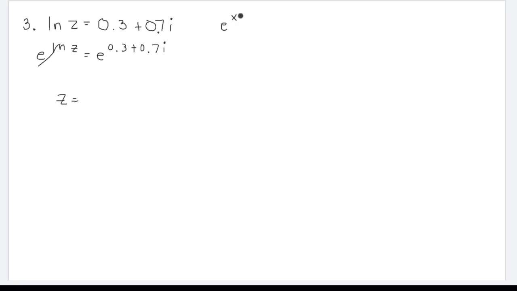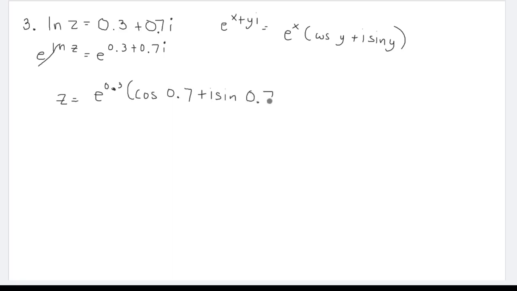If we have e raised to x plus yi, that's simply e^x cosine y plus i sine y. So that is e raised to 0.3 times cosine 0.7 plus i sine 0.7.